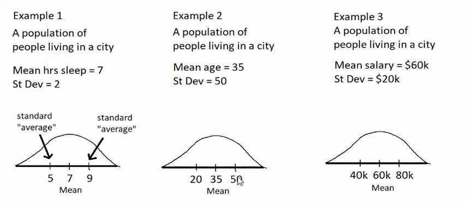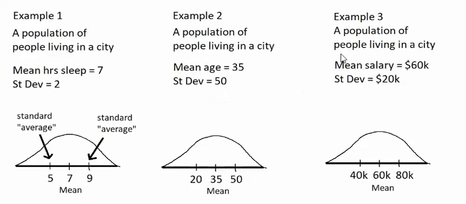Sorry, those should also be changed, because notice how here it's 7. The standard deviation is 2, and this is 2 down and 2 up. And if this is 5, this should also be 35 down and 45 up. Sorry, I should have fixed all of these numbers. But it's okay, because we have 2 other examples that are correct. This was just a typo.